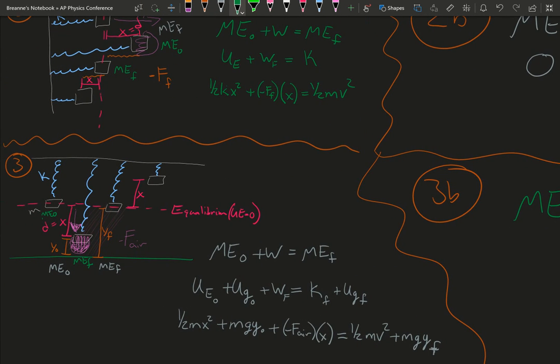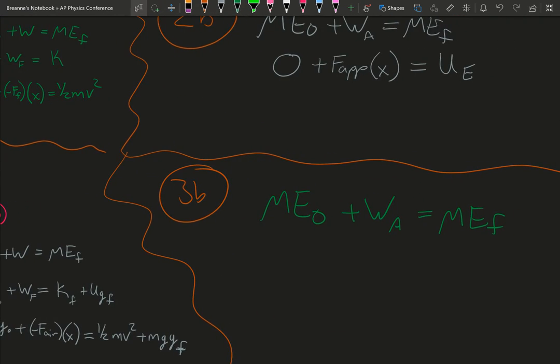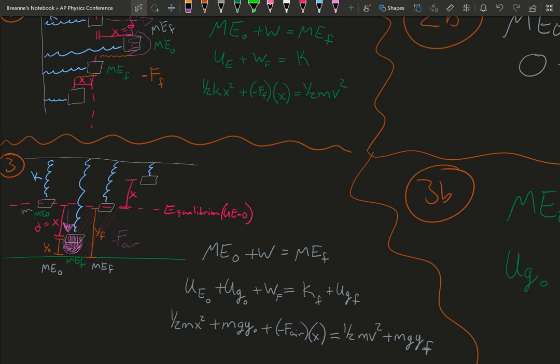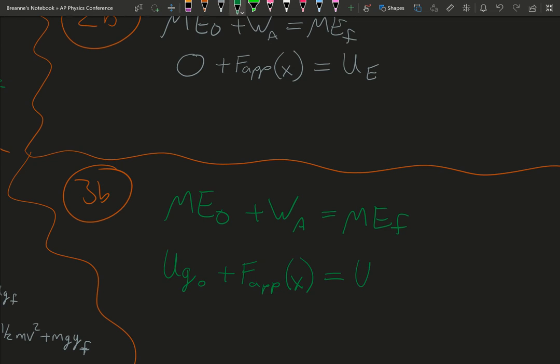Here we just have potential energy because it has height, but it doesn't have elastic because it's at equilibrium. So we have initial gravitational potential, plus our force applied times that x, equals our elastic final plus our gravitational final. And you can expand it after that.